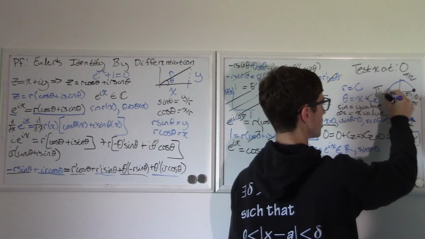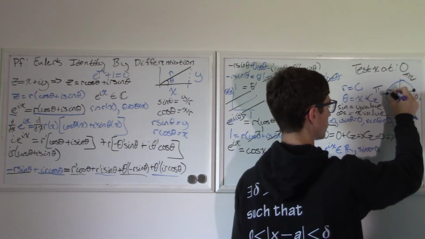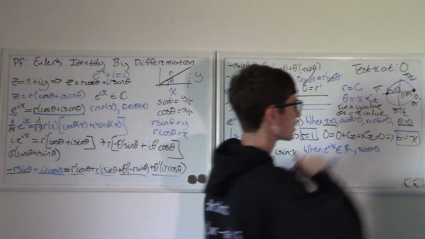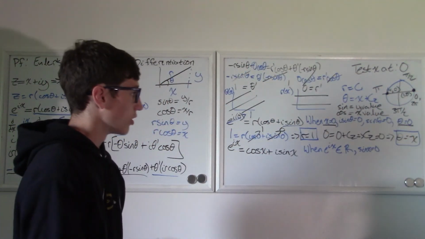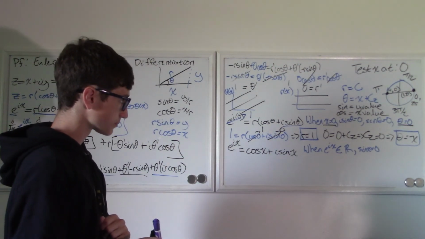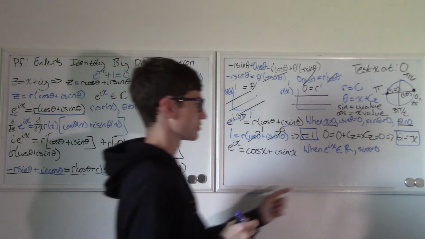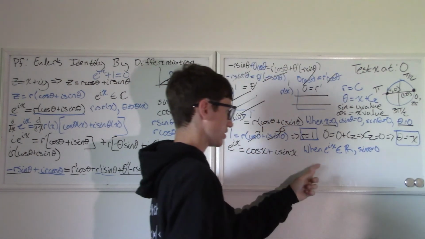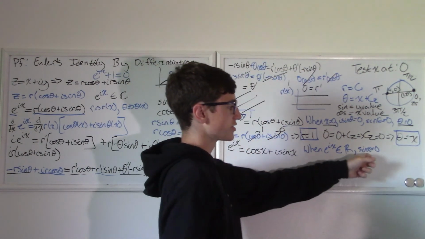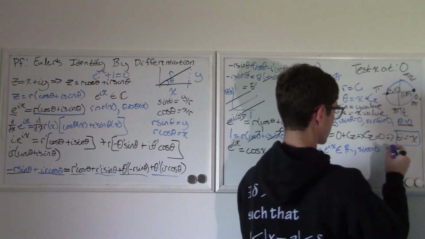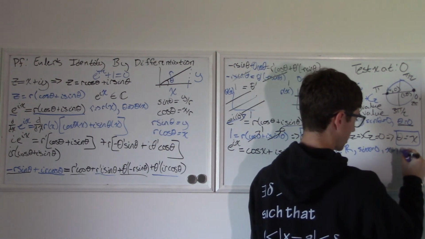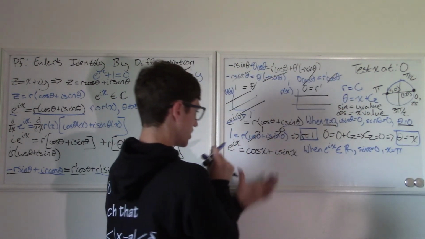So we're also going to need a circle. Well, right here, we also have a point of (-1, 0), right? So, if that's the case, then we can also say, when e to the ix belongs to all real numbers, sine x equals 0, we can just say that x is equal to pi. Okay? And now let's plug that in.